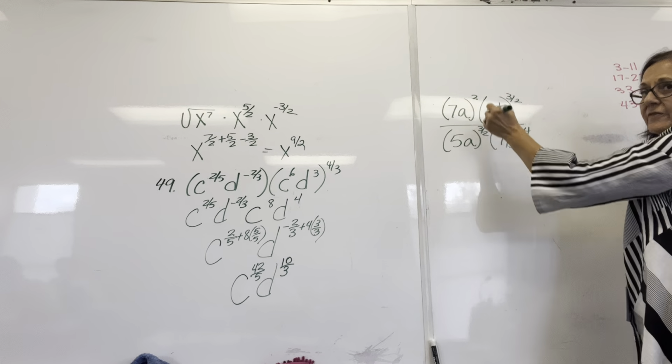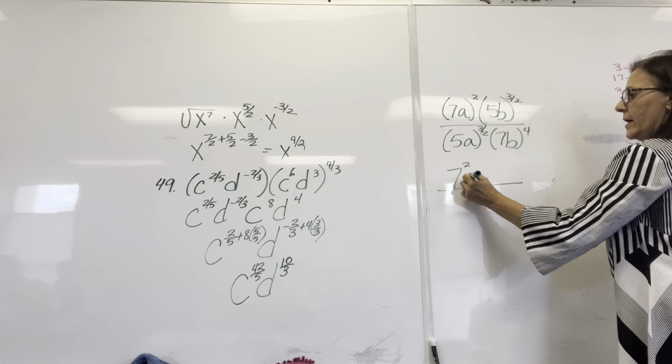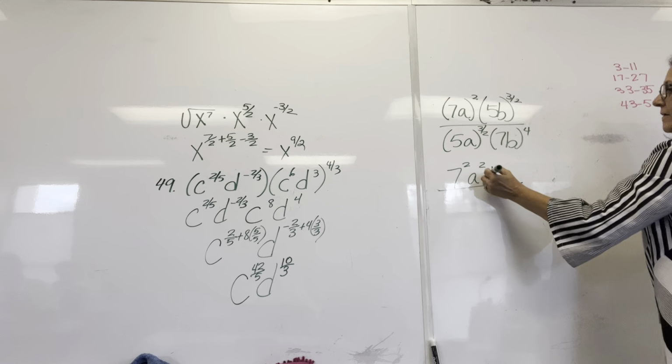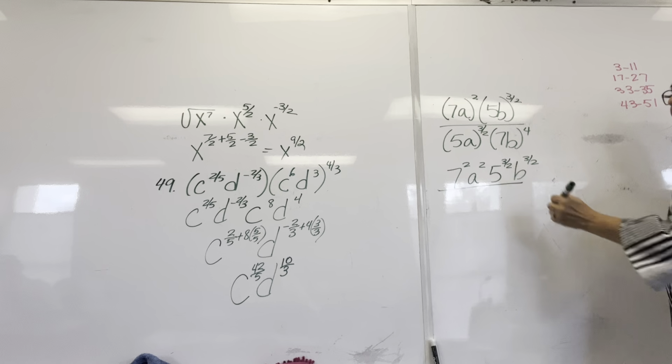I'm going to raise both of these to the power. So 7 squared, a squared. I'm not going to square anything. 5 to the 3/2, b to the 3/2.